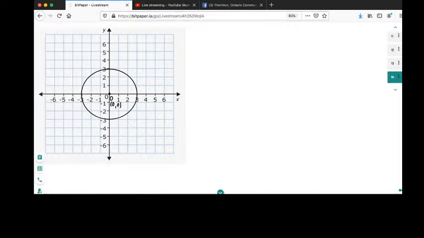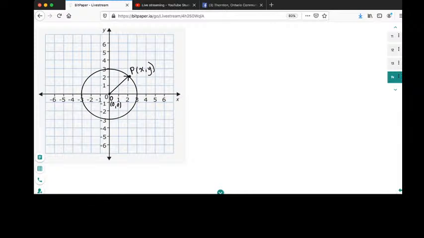So if a circle has a radius, as we know, it is half of the diameter, which is the distance from one end to the other of a circle. And then here I have that radius line pointing to some point right here that we can denote with X and Y.